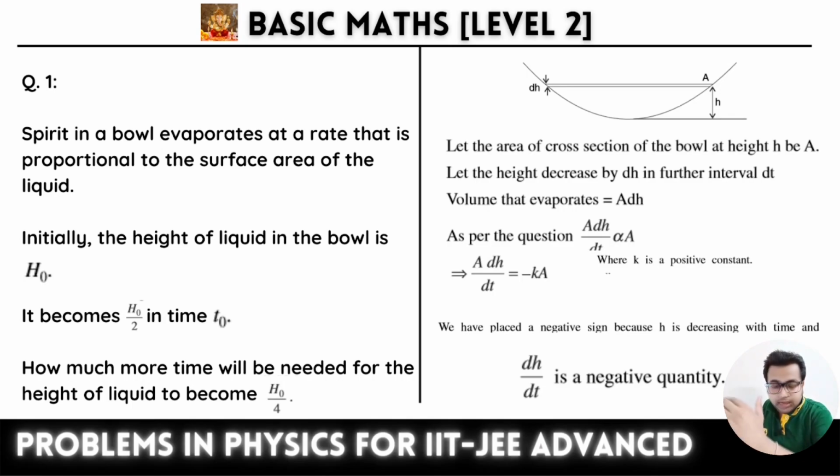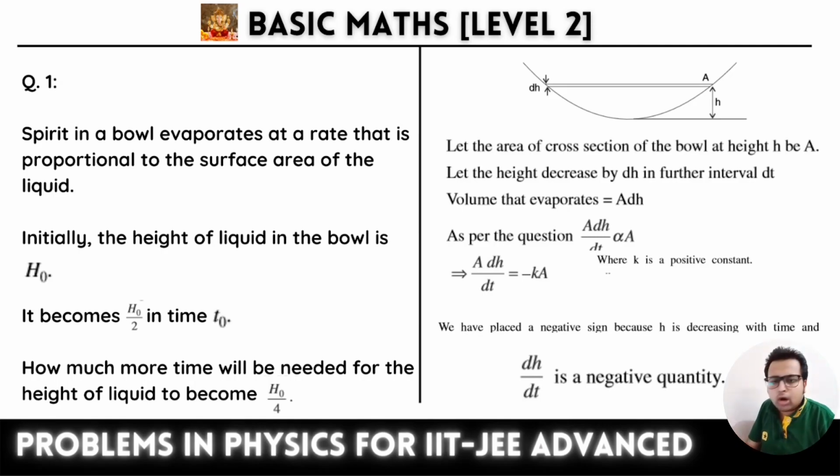As the liquid is decreasing, its area is also getting reduced, and hence the rate of evaporation is also getting affected. So a very nice observation we can see from this diagram: in the ball, as the height is decreasing because liquid is evaporating, the area is also decreasing. So let us suppose at any height h the area be capital A.